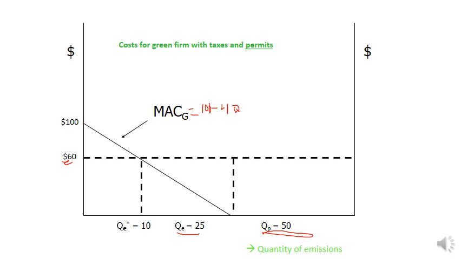So we get that same abatement decision, we get that same optimality condition where the price of a permit is equal to the marginal abatement cost. And the firm decides to abate 10 units of pollution. We'll say Q star equals 10.